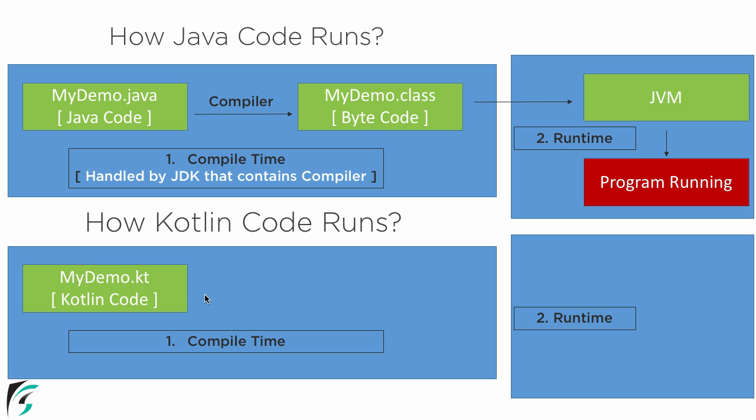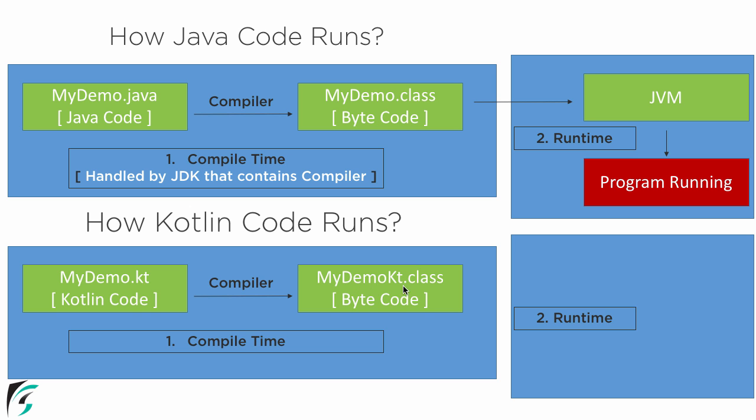The Kotlin compiler converts the kt file into mydemo.kt.class that contains the bytecode. Here you can notice I have mydemo.kt, so the class file name is actually mydemoKt.class. This is the standard naming convention in Kotlin when the compiler converts this file into the bytecode.